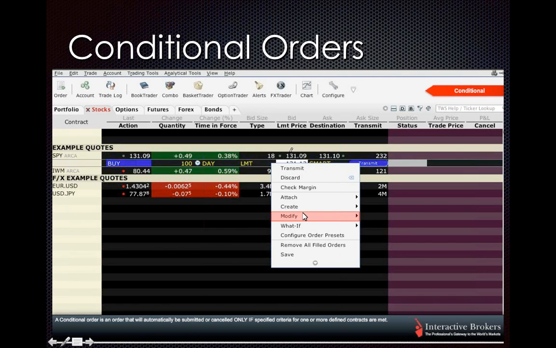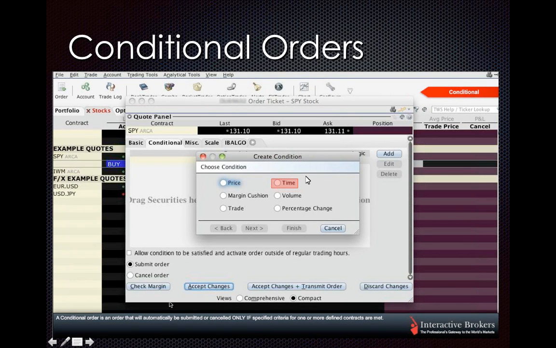And we've got here the underlying price, 131.09, 131.10. We are placing a buy order, so we're clicking on ask, and we are creating a new line. Right-clicking, we've got modify. So we're going through modify, and we are looking at conditions. Now we've got conditions here, and you can see that the picture is slightly different, but in reality it is pretty much the same.